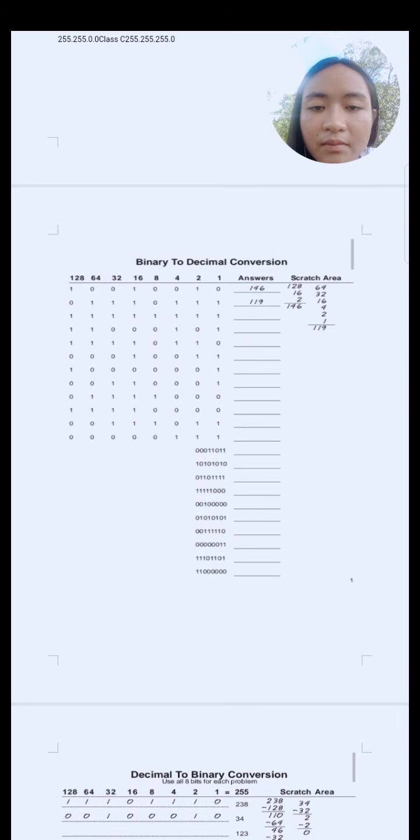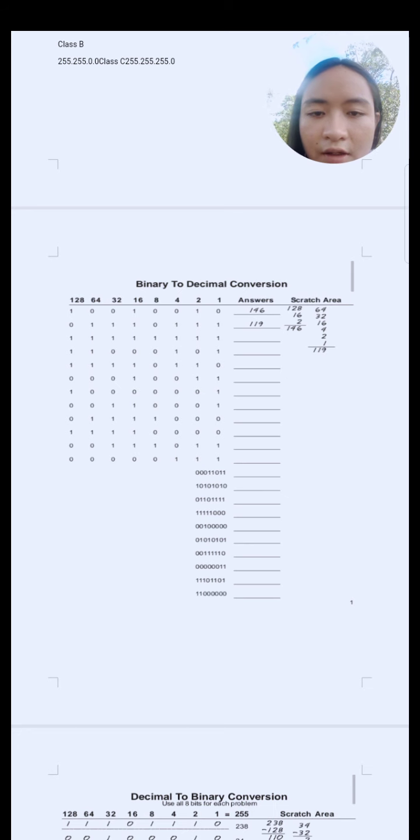So as we can see, guys, based on my understanding of this topic, on how to get the binary to decimal conversion, for example to get 146, we have the given numbers 128, 64, 32, 16, 8, 4, 2 and 1.